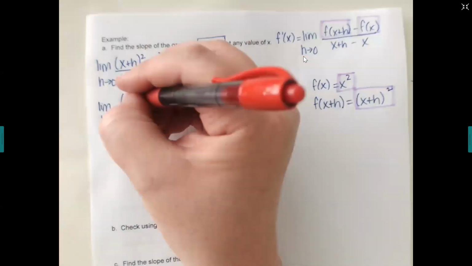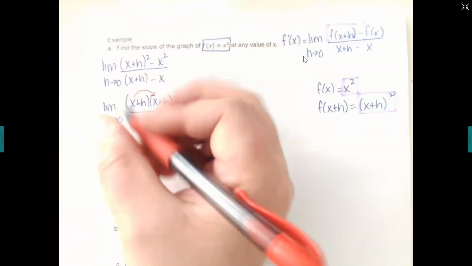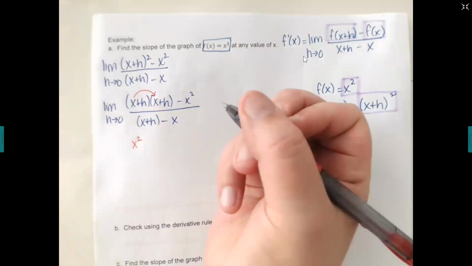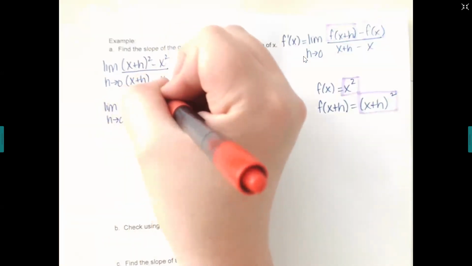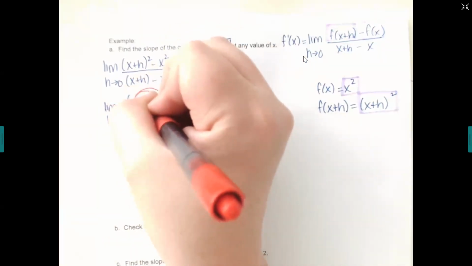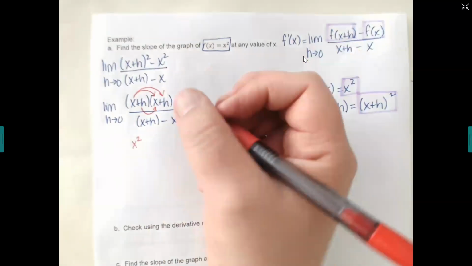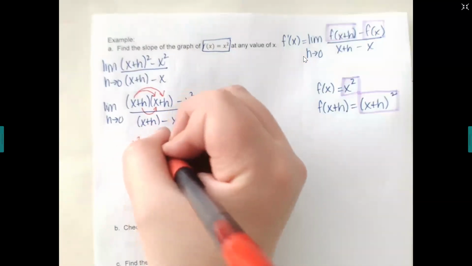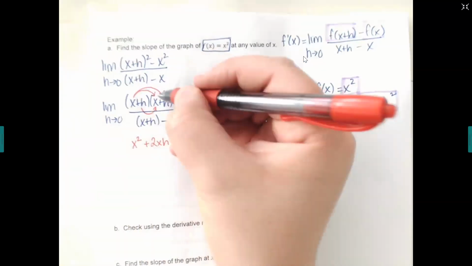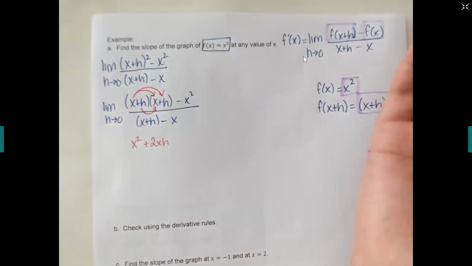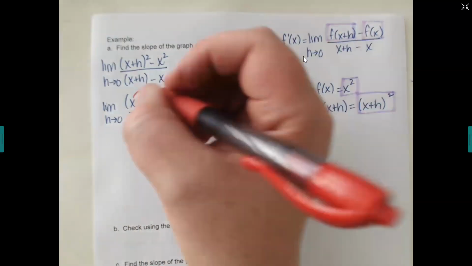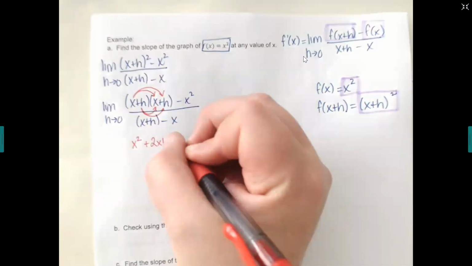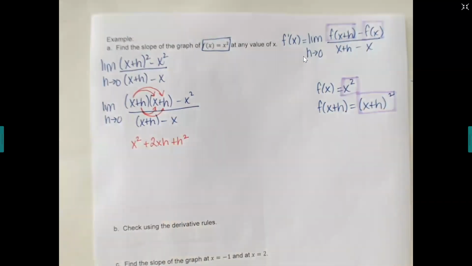So we're going to expand this. x times x is going to go to an x squared. x times h and h times x are going to be grouped as a plus 2xh, because remember that xh and hx are essentially the same product. We have 2 of them. And then h times h, that's going to give me a plus h squared.